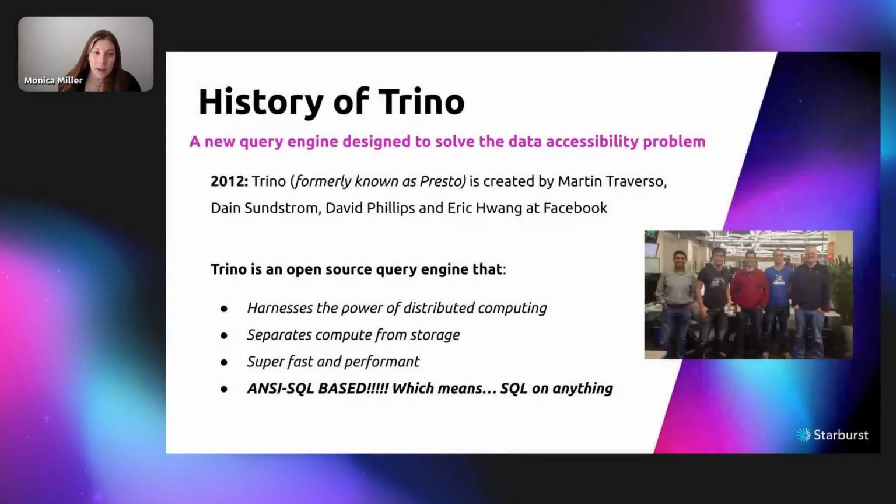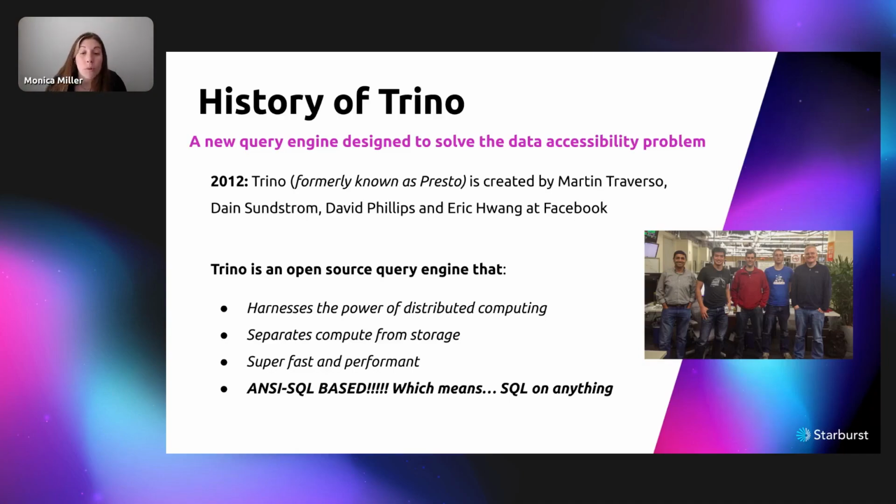Then in 2012, a new query engine was created. This was called Presto at the time, now known as Trino. It was created by Martin, Dain, David, and Eric at Facebook. You can see their wonderful little picture over on the right side. Their whole goal was to replace Hive. They started this by creating a query engine that was distributed and could separate compute from storage.